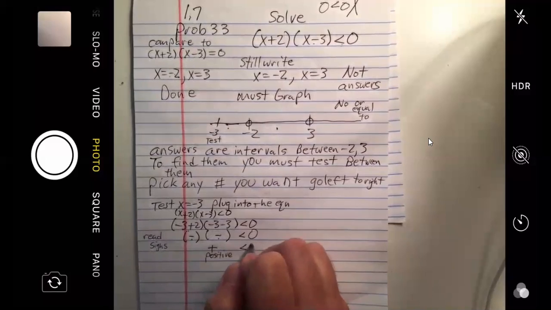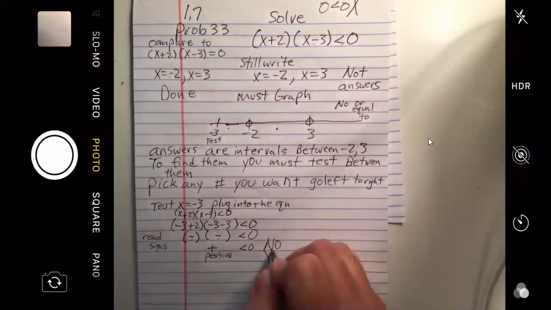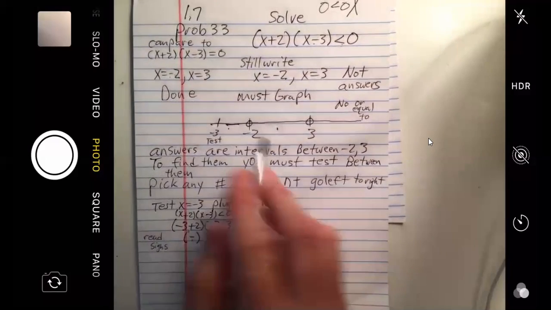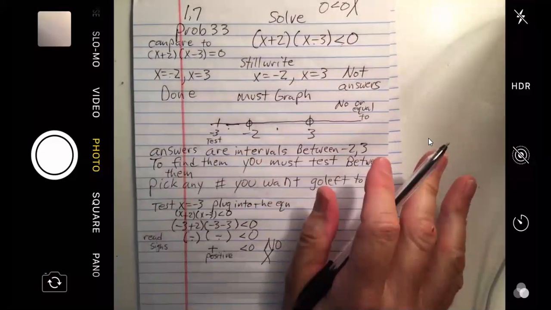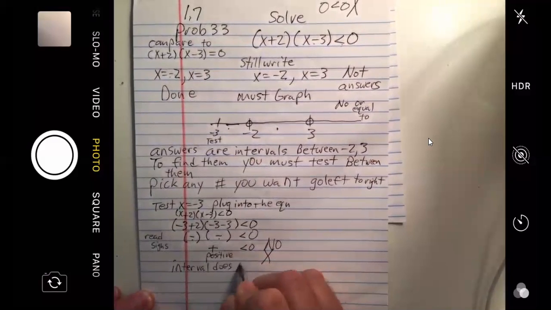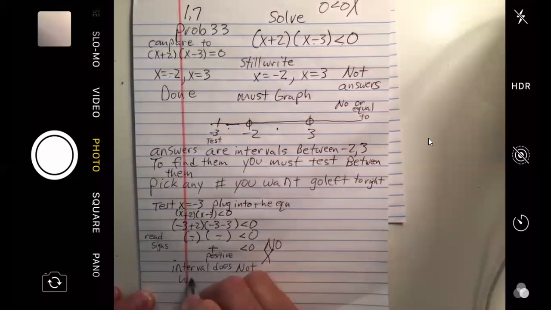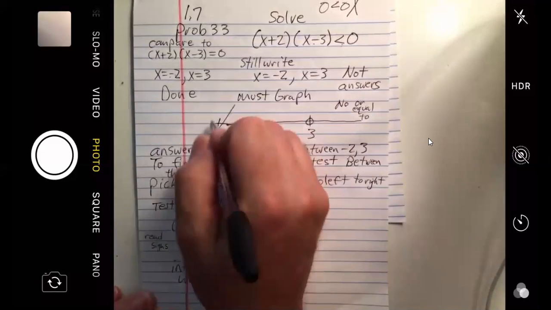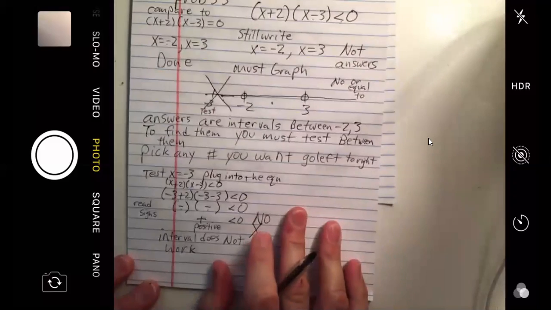Positives less than 0? No. Positives are bigger than 0. This interval does not work. I put a big X on it just to remind myself.